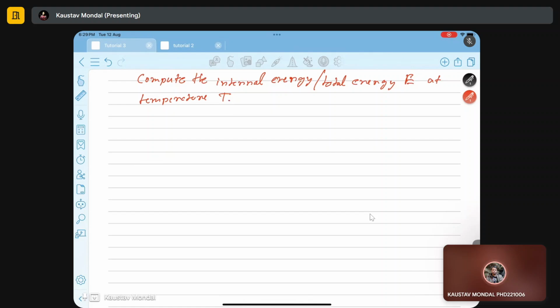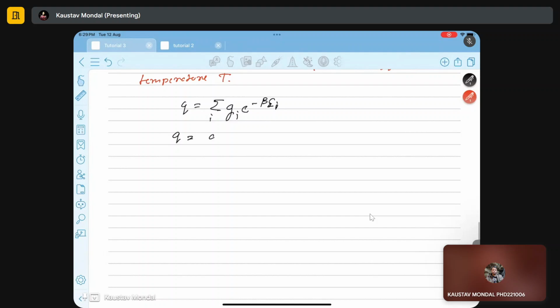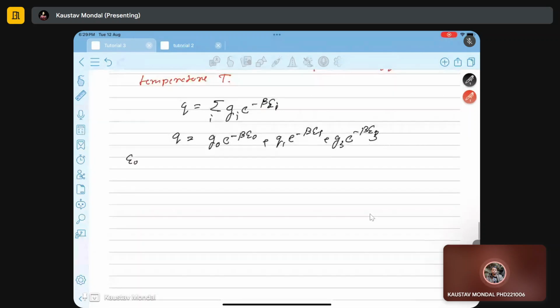As the degeneracy is there, it will be reflected in the partition function as Q equal to the sum of gi into e to the power minus beta Ei. So Q would be g0 e to the power minus beta E0 plus g1 e to the power minus beta E1 plus g2 e to the power minus beta E2. Here E0 is 0, E1 is epsilon, E2 is 2 epsilon.